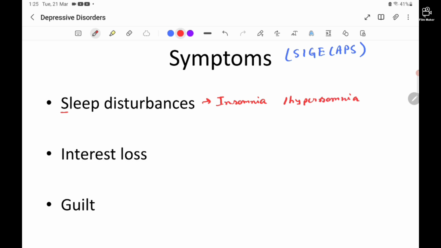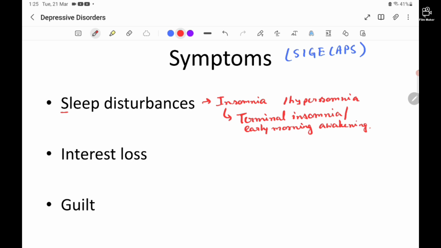In depression, there is a typical type of insomnia in some patients, which is called terminal insomnia, or early morning awakening.